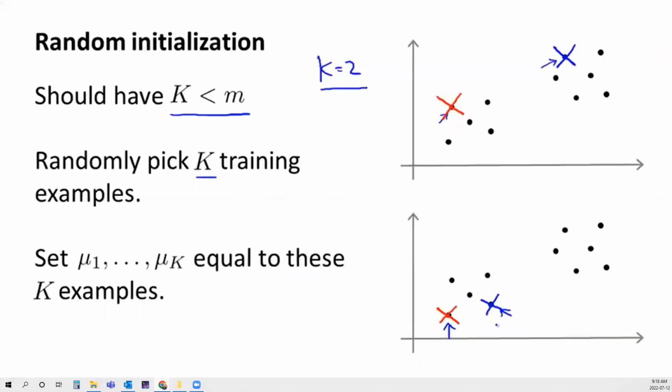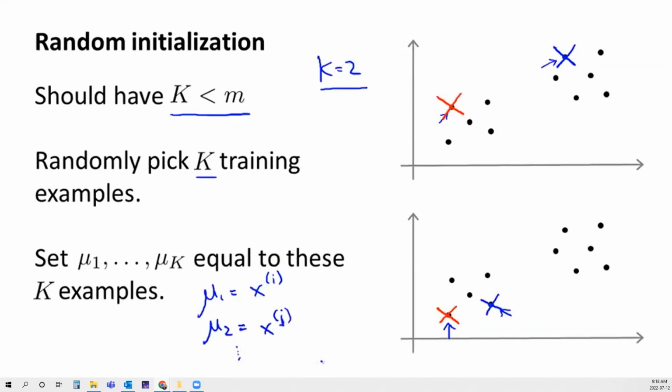So that's how you can randomly initialize the cluster centroids. At initialization, your first cluster centroid mu1 will be equal to x_i for some randomly chosen value of i, and mu2 will be equal to x_j for some different randomly chosen value of j, and so on if you have more clusters and more cluster centroids.